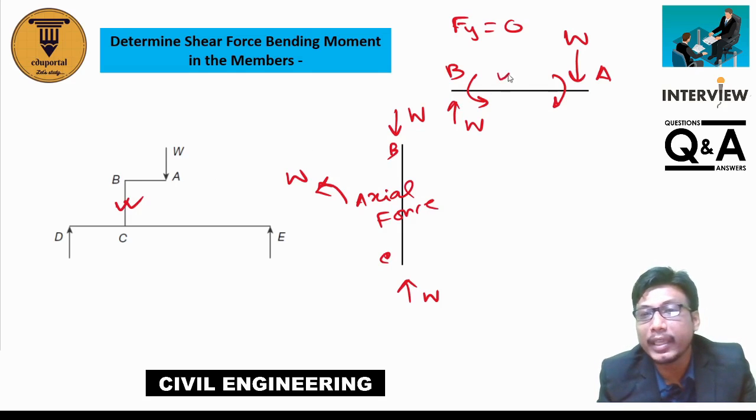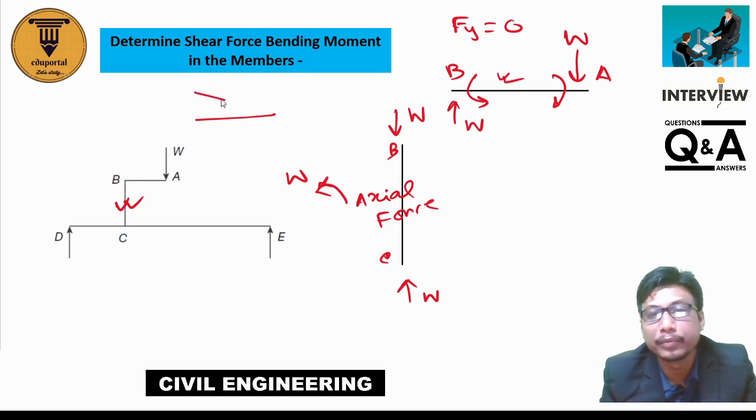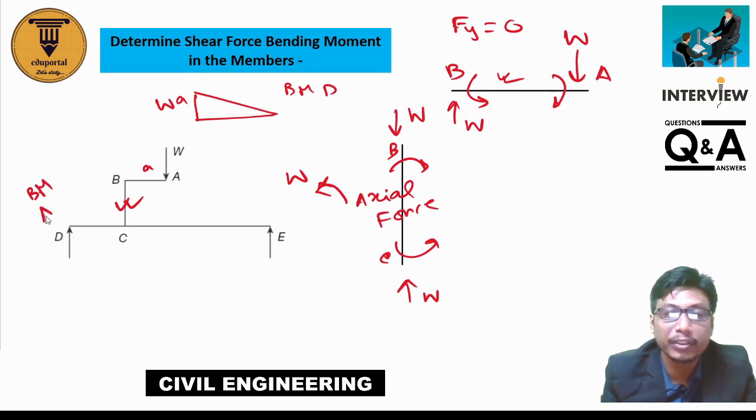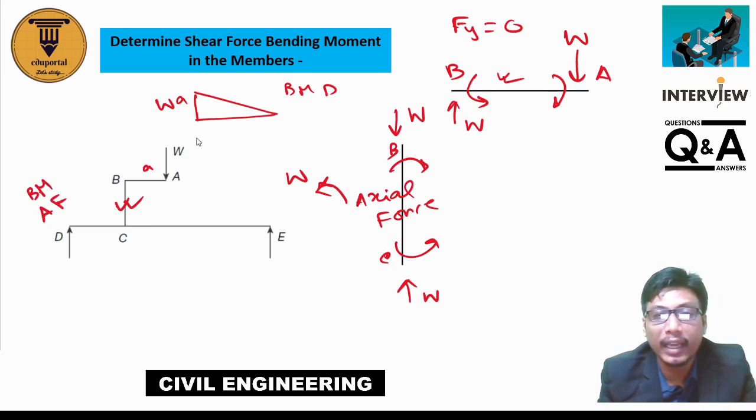For member BA, this is the BMD, the bending moment diagram, and its value, suppose the distance is A, is W into A. There will be axial force in member BC, and there will be bending moment also, this one anticlockwise and that one clockwise. So in member BC there will be bending moment plus axial force, and in member BA there will be shear force plus bending moment. These are the types of questions.